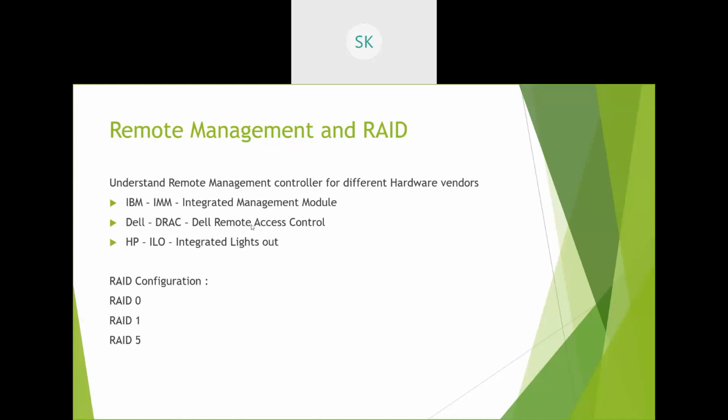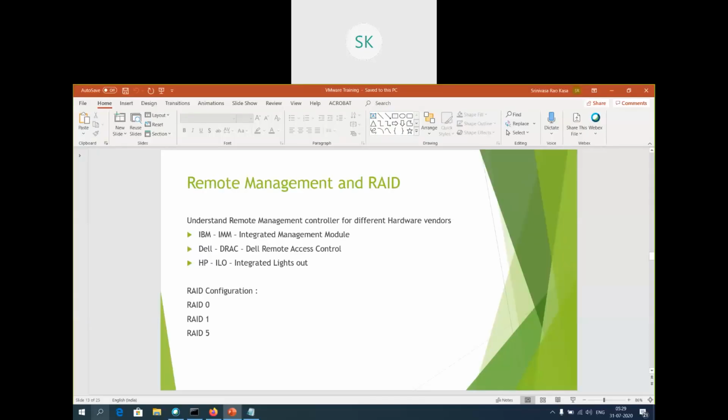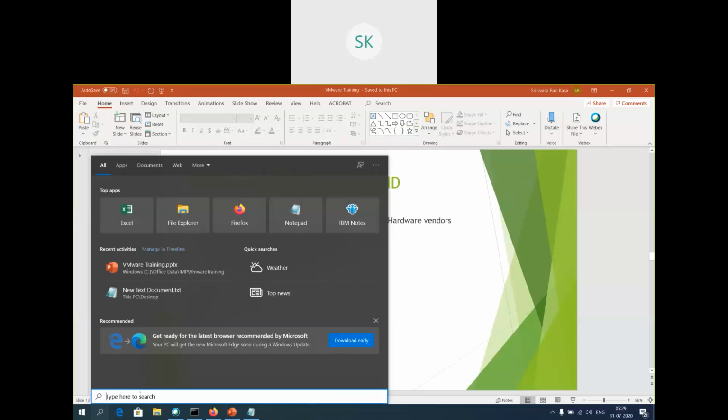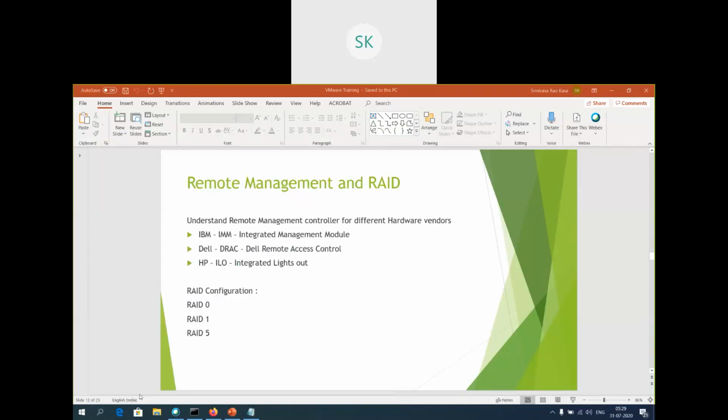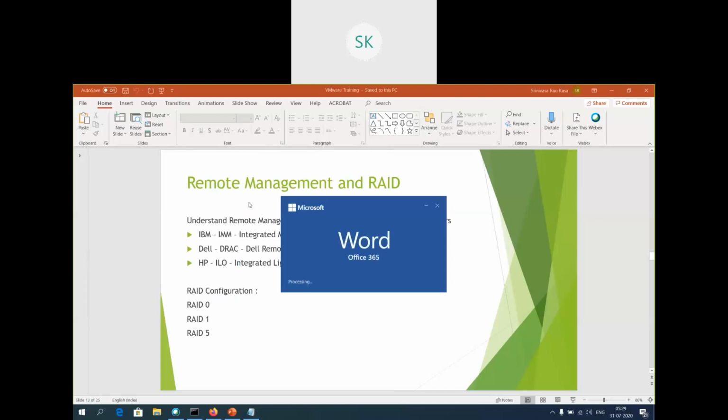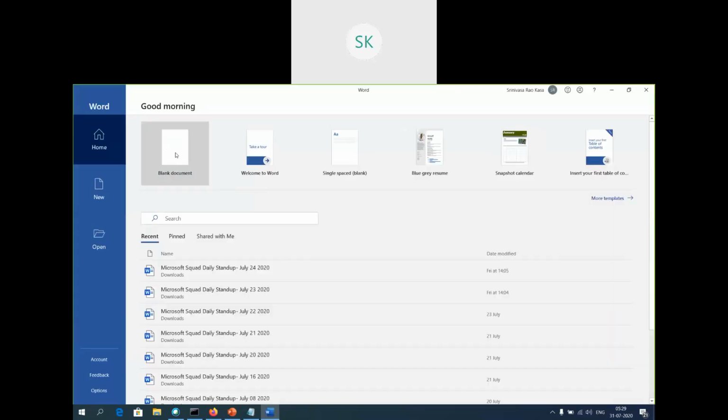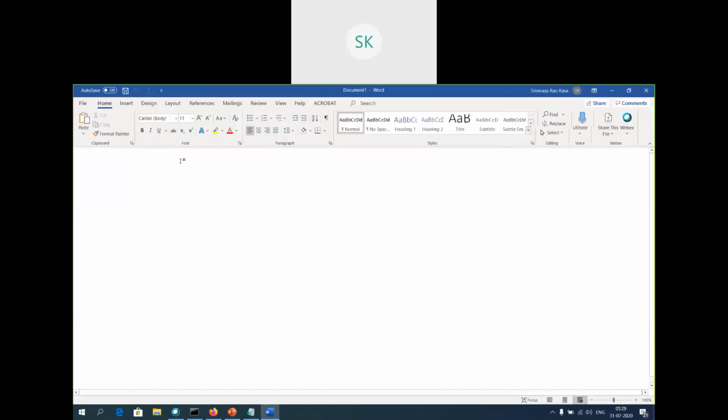Before going for RAID configuration, what we need to understand is there are two terminologies. What are the two terminologies? One is redundant, the other one is high availability.